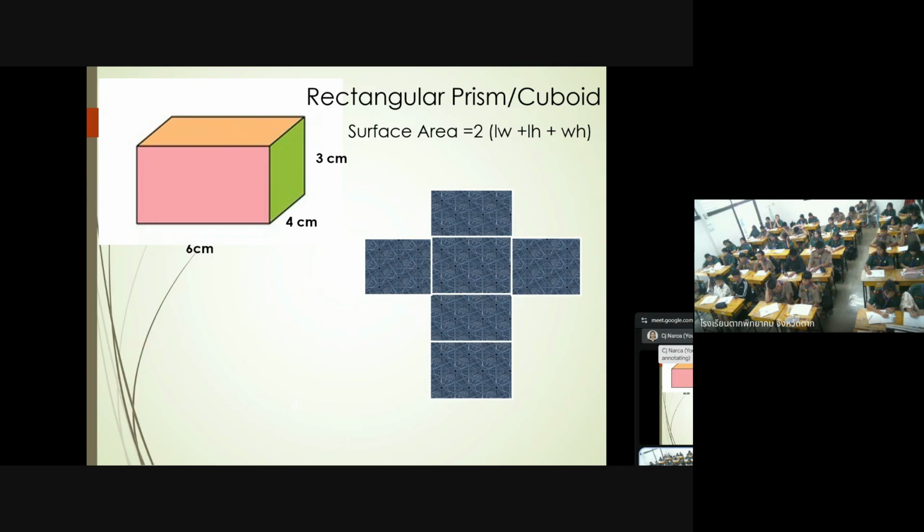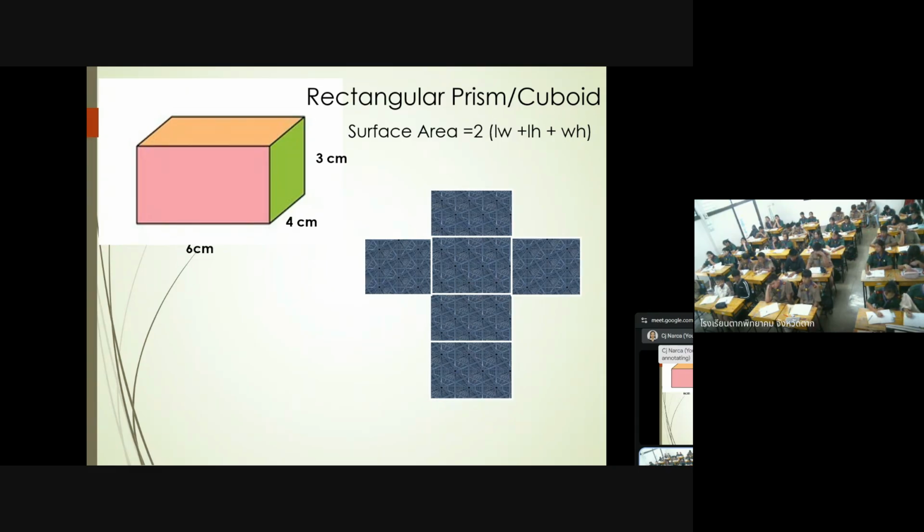Here, right? This is the length, so we have 6 centimeters. And then what is the width? Width is 4 centimeters. And the height is 3 centimeters.